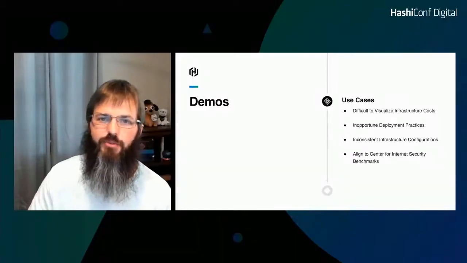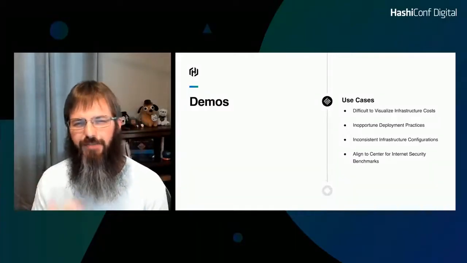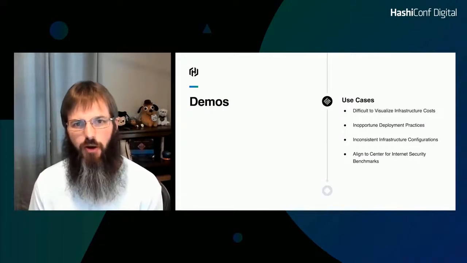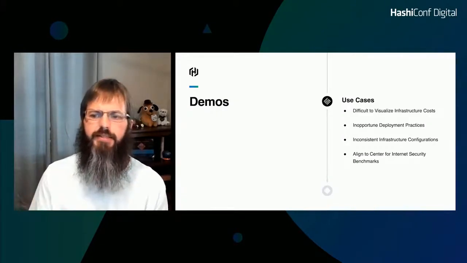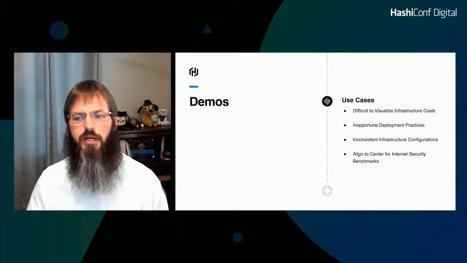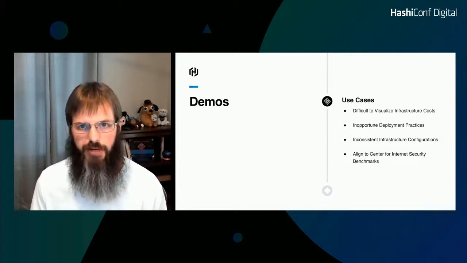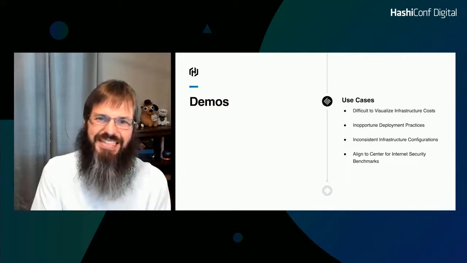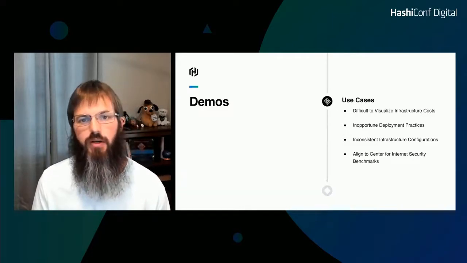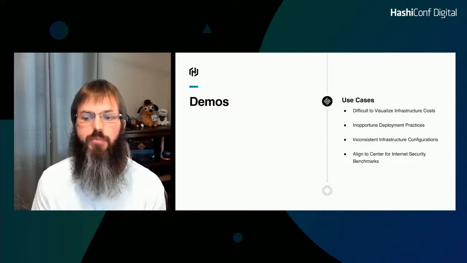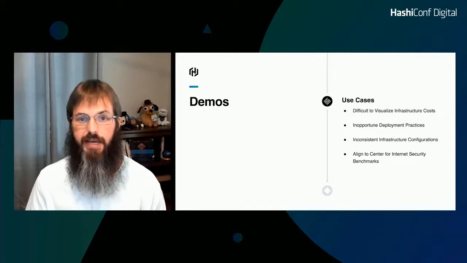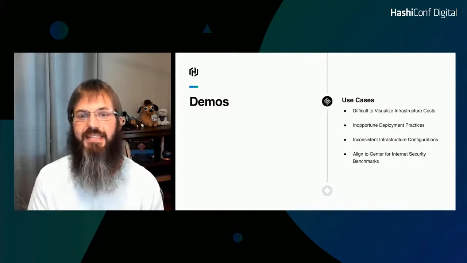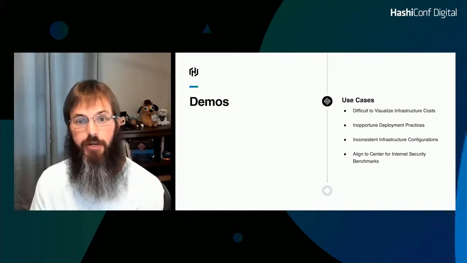Within these demos, we're going to take a look at how we can visualize some of our infrastructure costs through cost estimation, how we can use policies to discover some of the inopportune deployment practices and inconsistent configurations within our environment that are trying to be deployed. And then lastly, we're going to take a look at the foundational policies library and see how easy it is to take one of those policies and apply it to one of our own existing configurations.